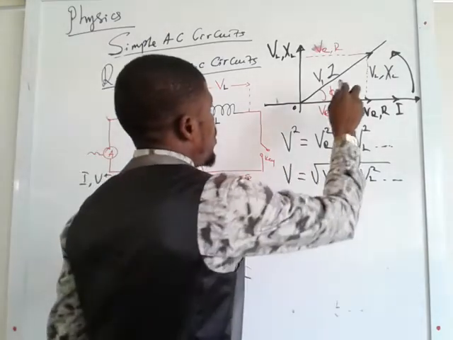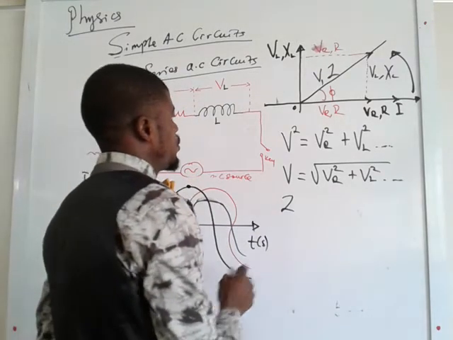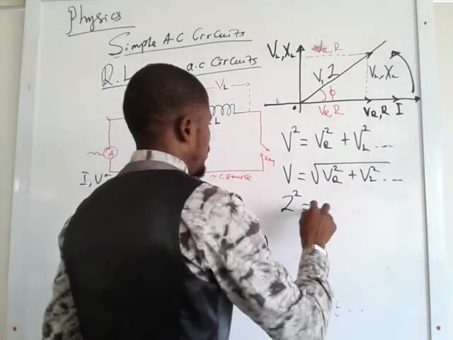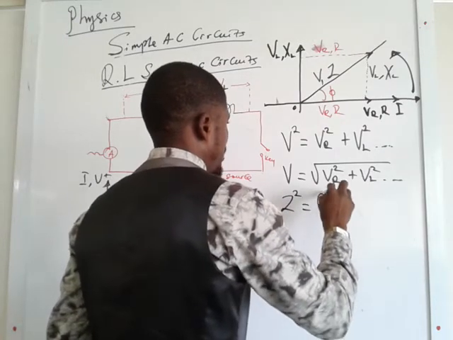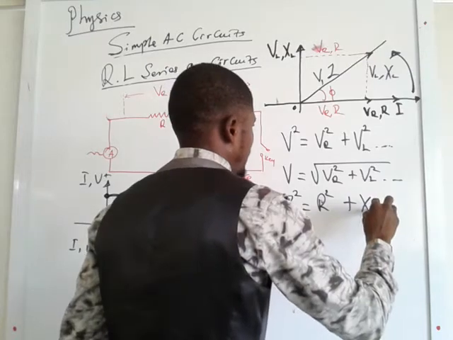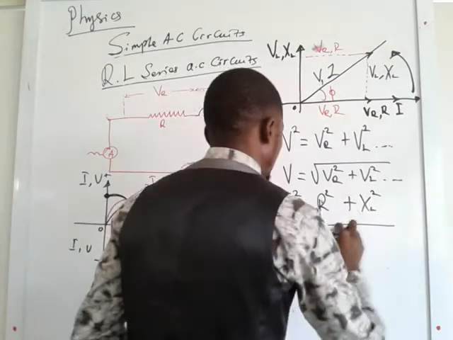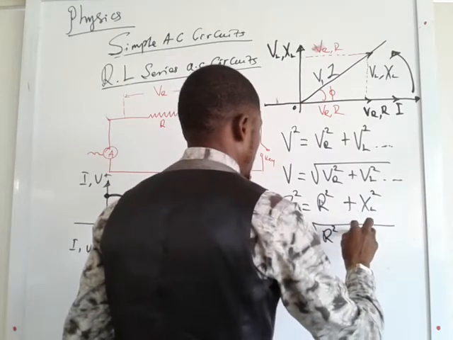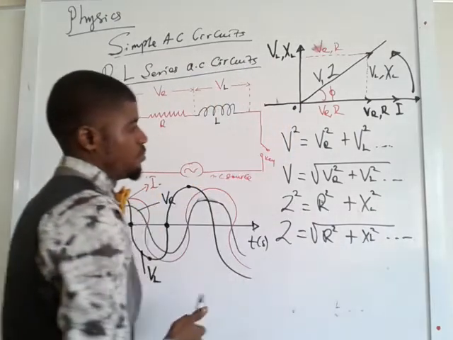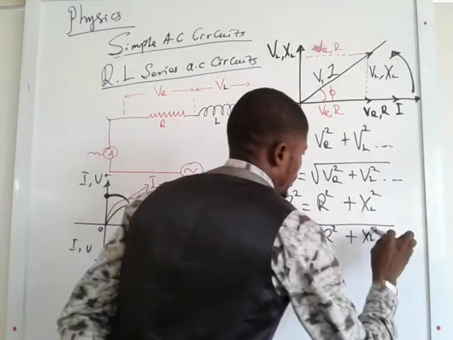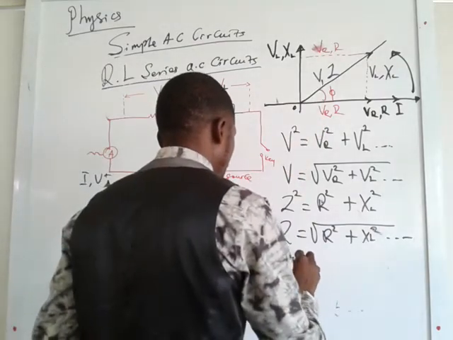And then also your effective resistance in the circuit, impedance Z squared, is equal to R squared plus XL squared. And then your Z is equal to the root of R squared plus XL squared.